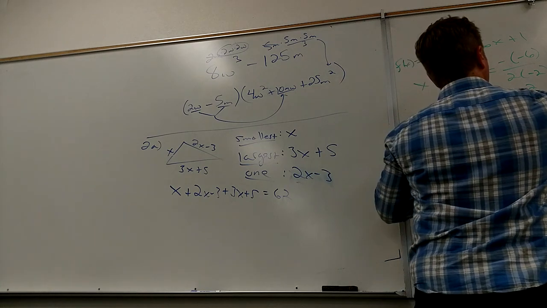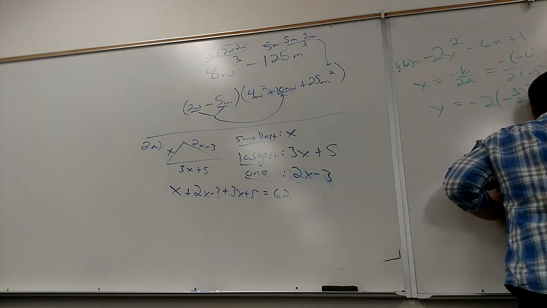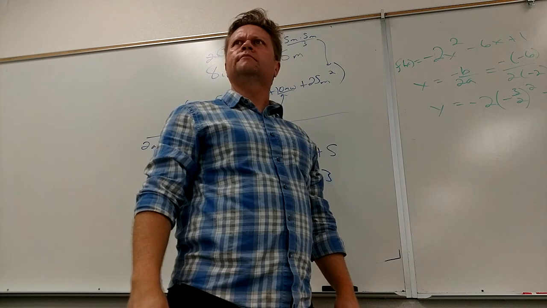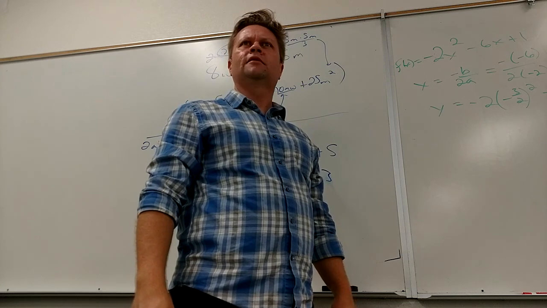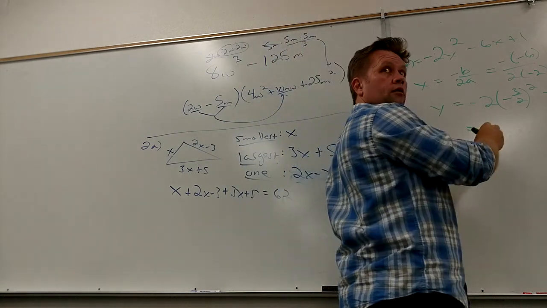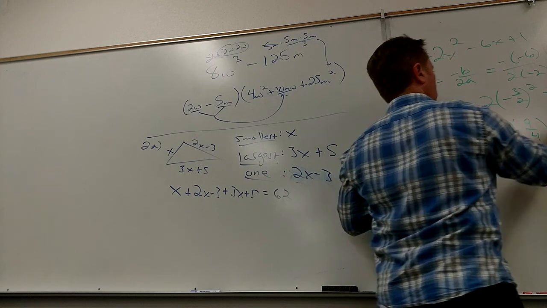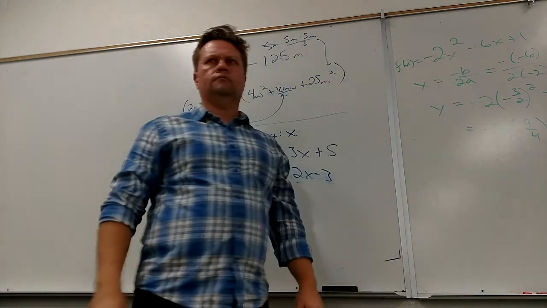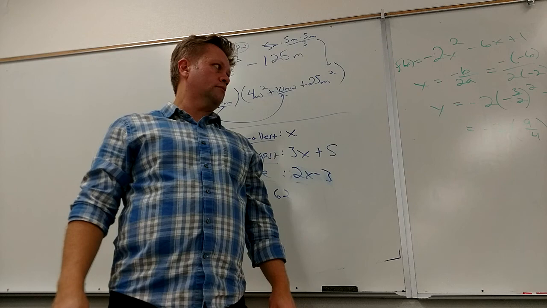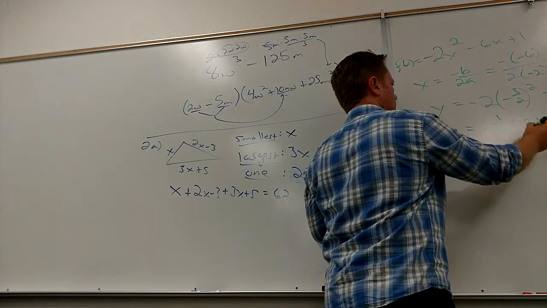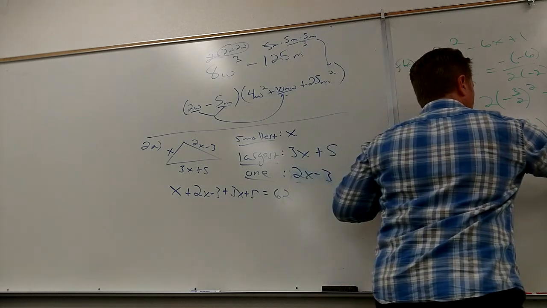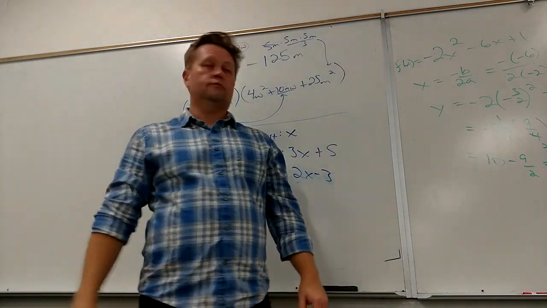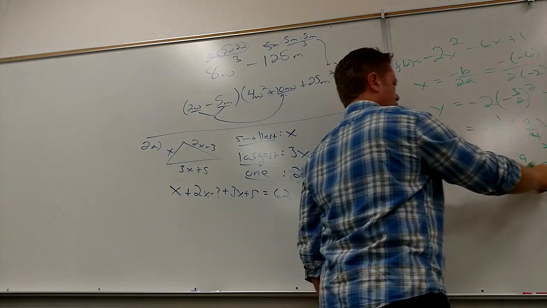So you get 10 minus 9 halves. 20 over 2 minus 9 over 2 is 11 over 2.